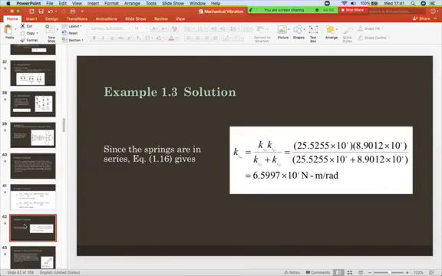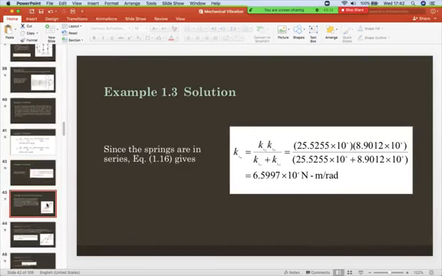Since the springs are in series, you need k12 times k23 divided by k12 plus k23. So the total equivalent spring is 6.5997 times 10⁶ Newton meter per rad.